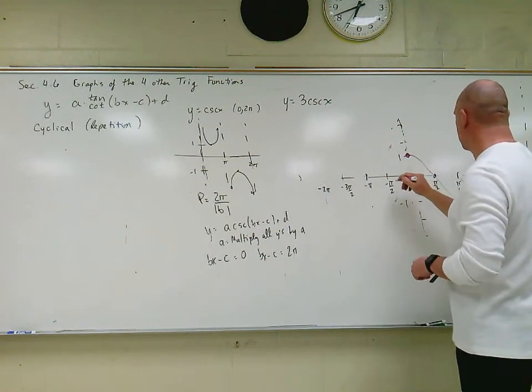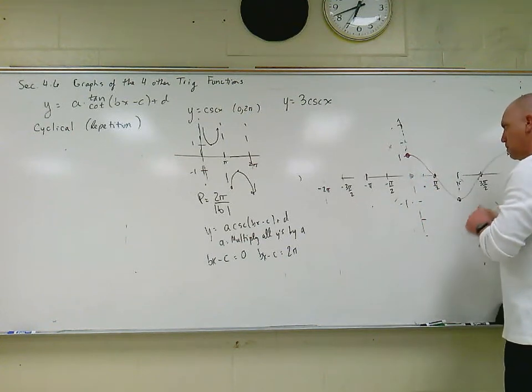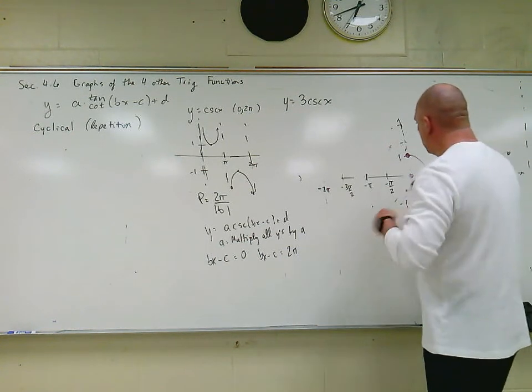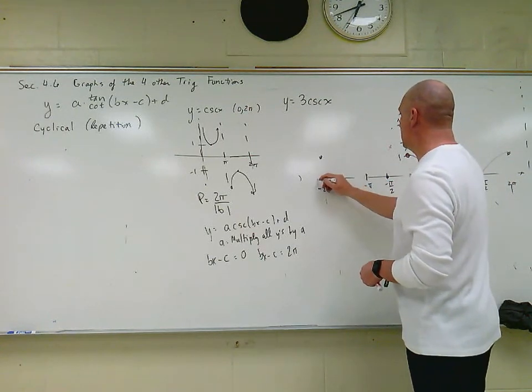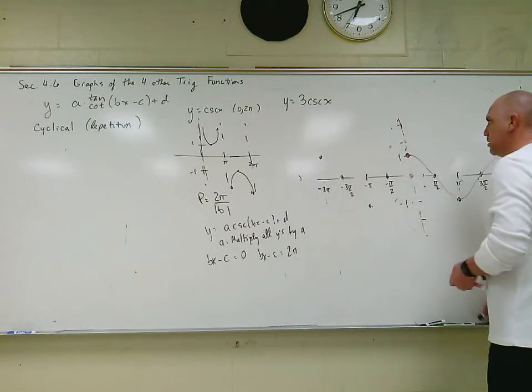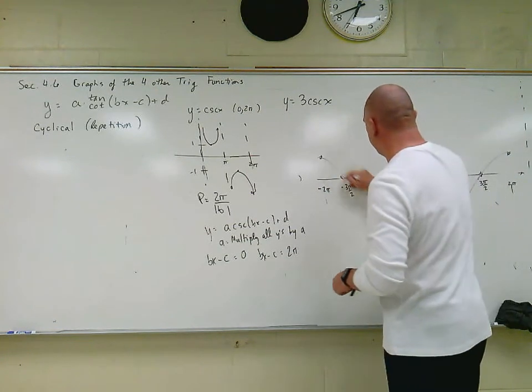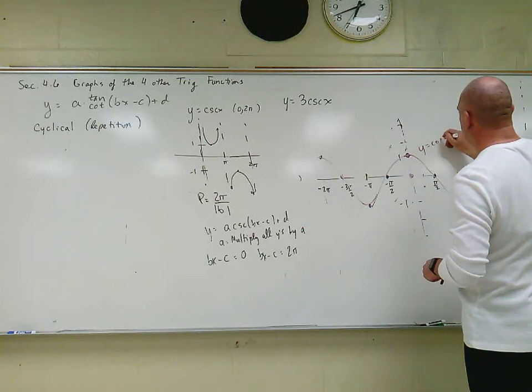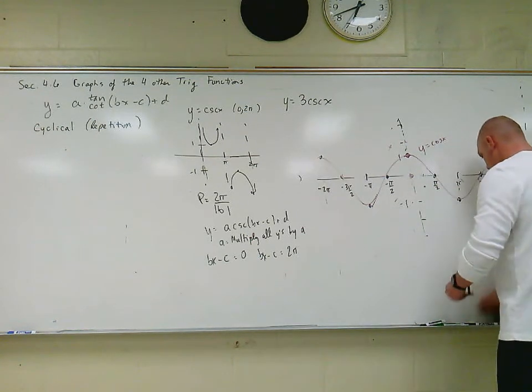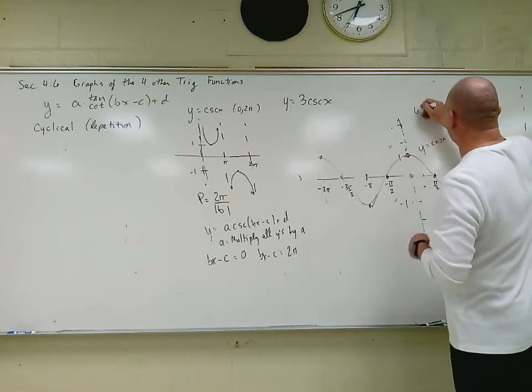All right, and then it's going to go here, here, here, here. All right, so here's cosine. So that's cosine of x. We're wanting to graph secant.